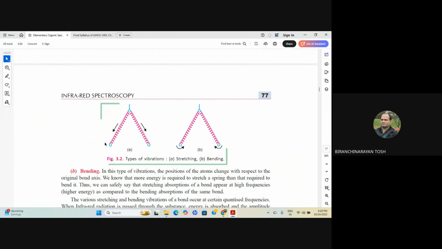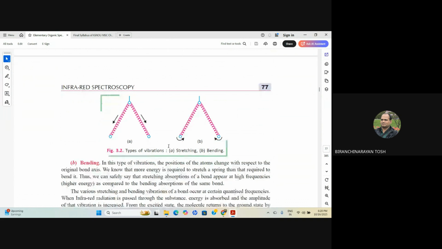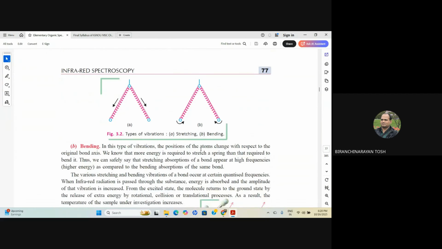So in stretching vibration, on the same bond axis, the two atoms vibrate, meaning they come closer or move away from each other. In bending vibration, the position of the atoms changes with respect to the original bond axis. This is the bond axis, but the position of the atom changes.